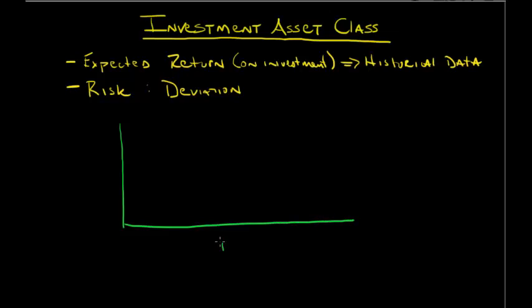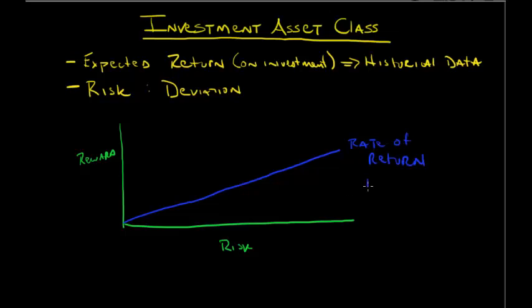So if we're measuring risk versus reward, and let's suppose, I'm not going to assign a number to this, that our investment, if this were a number, would be our rate of return over, let's say, 10 years.